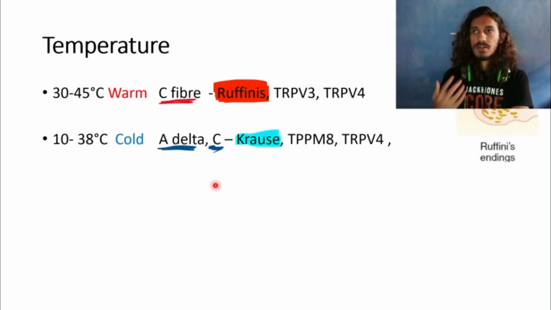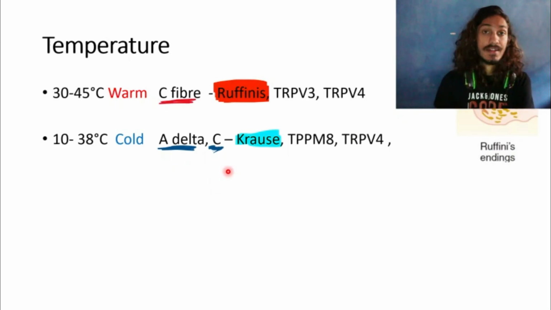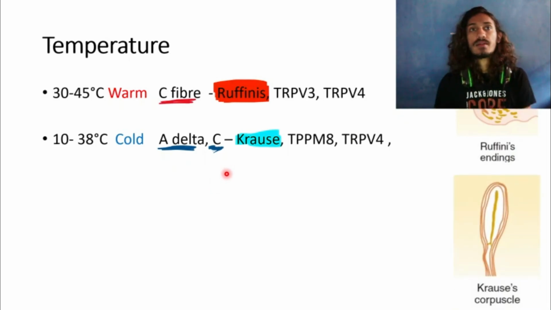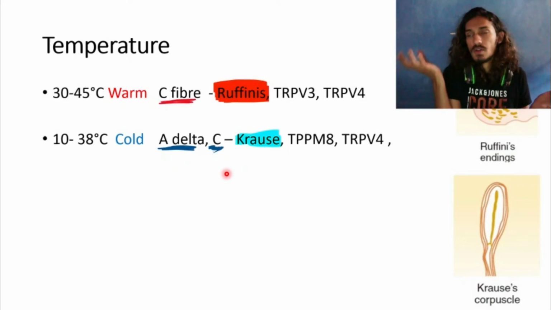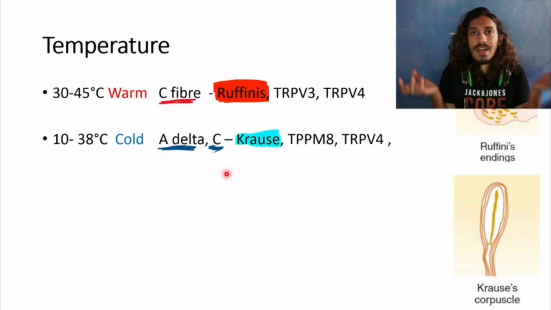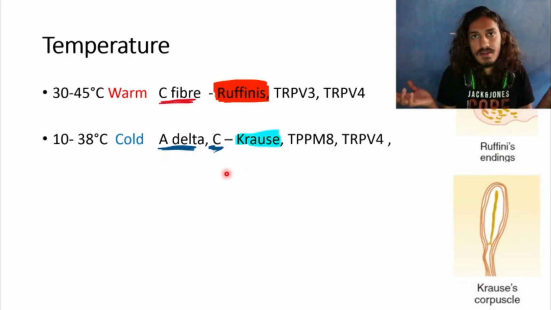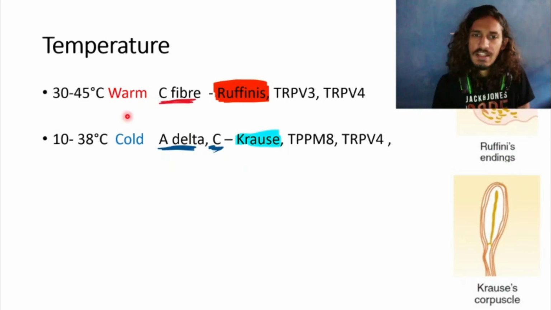So if someone were to give you an example where a person is made to touch both a hot object and a cold object at the same time in two different hands, which sensation will the person appreciate first? We have C fibers here, which are the slowest.